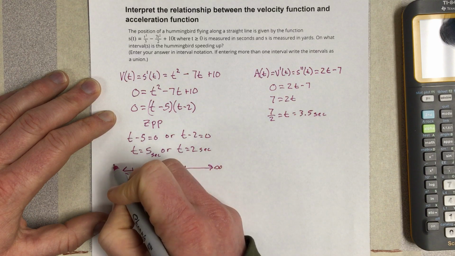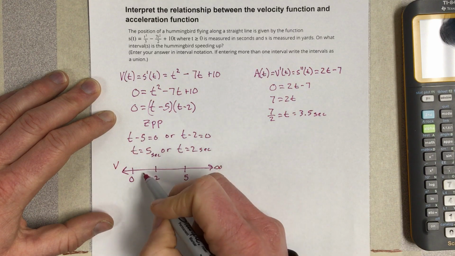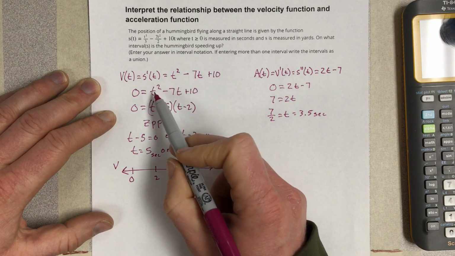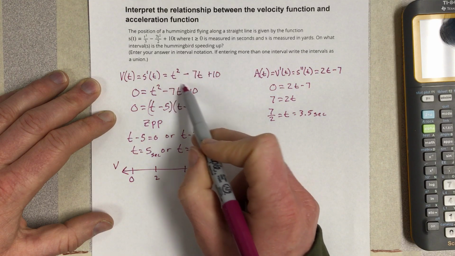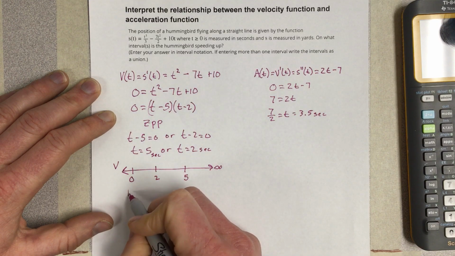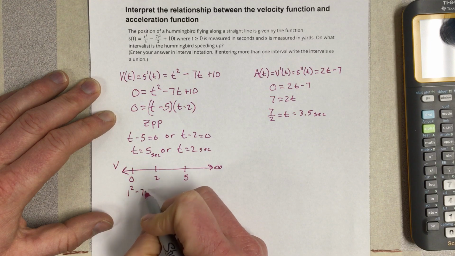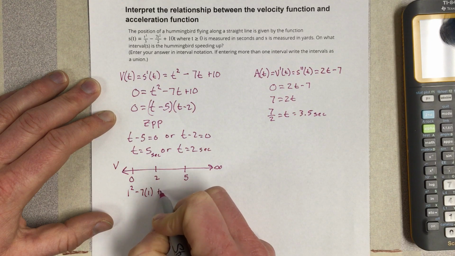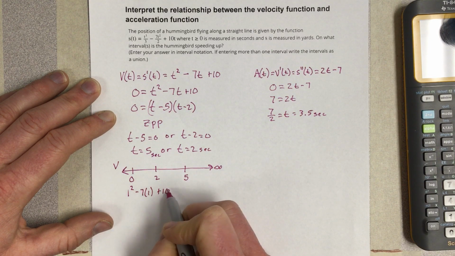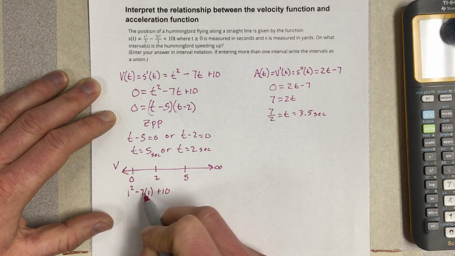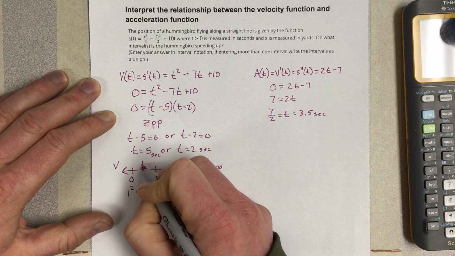What is the velocity? I'm going to plug in 1 into my velocity equation, t squared minus 7t plus 10. So 1 squared minus 7 times 1 plus 10. Well, this would be 11 total, minus the 7, so I end up with a positive number here.